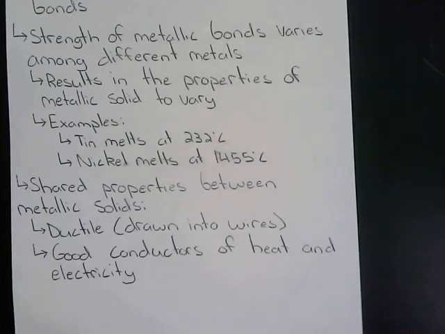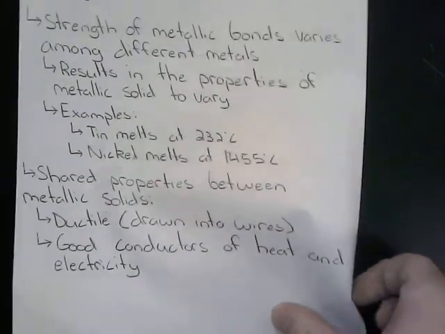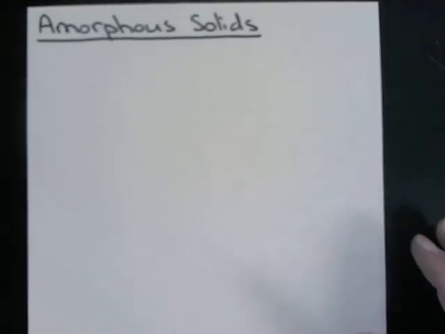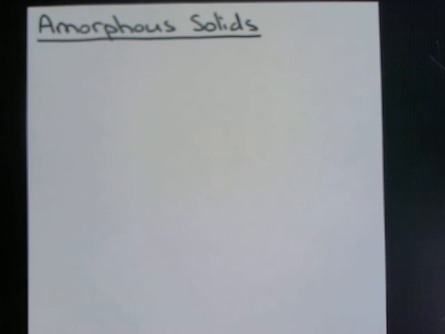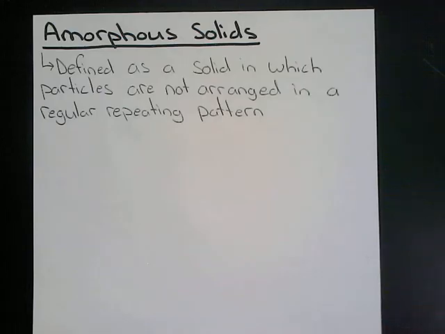Okay, so now we can transition to our last type of solid, which is known as an amorphous solid. An amorphous solid is defined as a solid in which the particles are not arranged in a regular repeating pattern. An amorphous solid often forms when a molten material cools too quickly to allow enough time for crystals to form.